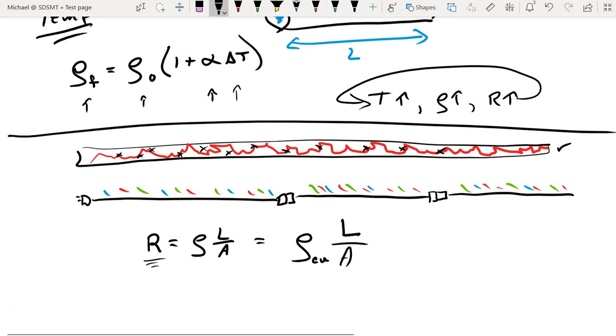So that's the reason why we don't want to plug too many of these things together in a straight line, because as we do that, we increase the length of the path that our charge has to travel, and that is in turn going to increase the resistance of the entire collection of wires.